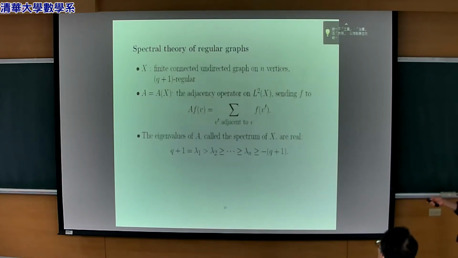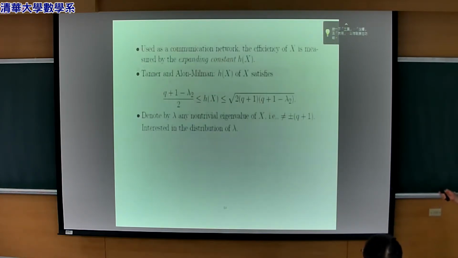Now let me say a few words about the spectral gap. We talk about the graph because we have in mind as an application that this graph represents a communication network. When you use this X as a communication network, its efficiency is measured by something called the expanding constant. To compute the expanding constant is very time consuming.